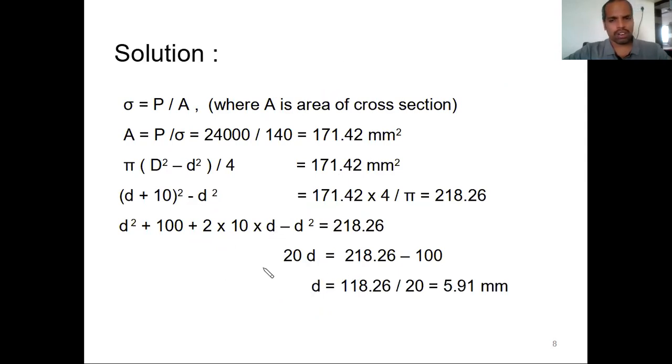No quadratic equation at all. It will be very simple, and we get d is equal to 5.91 mm. Internal diameter, the inside diameter of the tube, is equal to 5.91 mm.